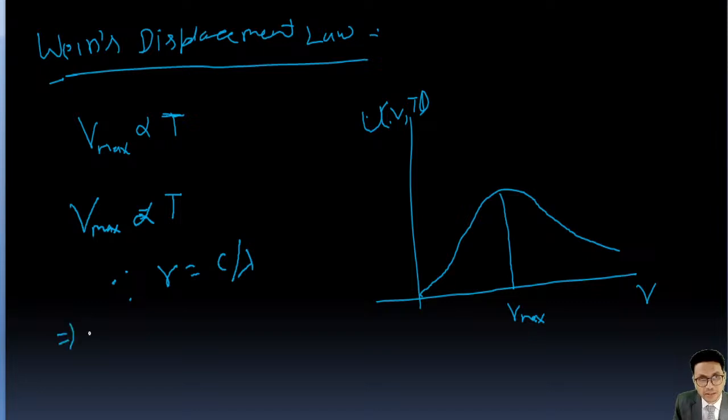This implies lambda max is proportional to 1 upon T, or lambda max is equal to b upon T. B is a constant.